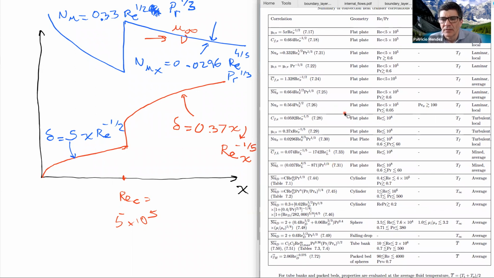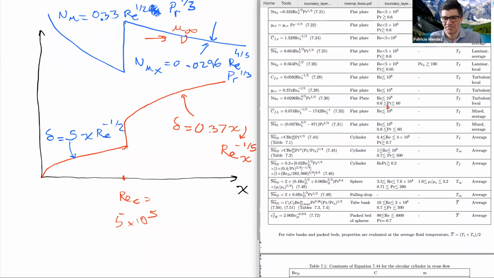Okay. This equation here, the Peclet number, you know the formula for the Peclet number. You can rewrite it as Reynolds times Prandtl, both to the 1/2. This is for molten metals. And here you get to see that it says for Prandtl less than 0.05.